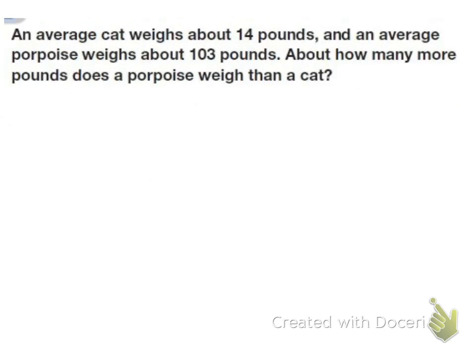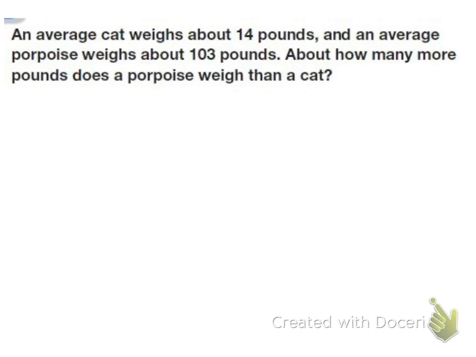An average cat weighs about 14 pounds, and an average porpoise, or dolphin, weighs about 103 pounds. About how many more pounds does a porpoise weigh than a cat? So I'm going to use compatible numbers in this case. I'm going to look to see if there are nearby numbers that fit together well.